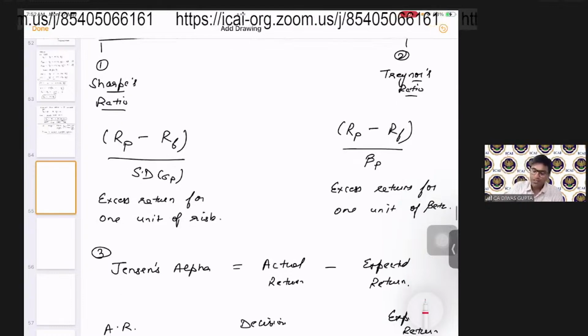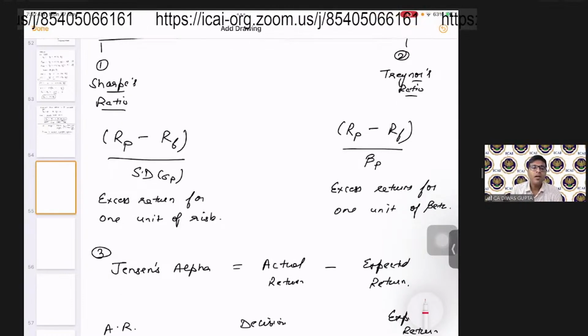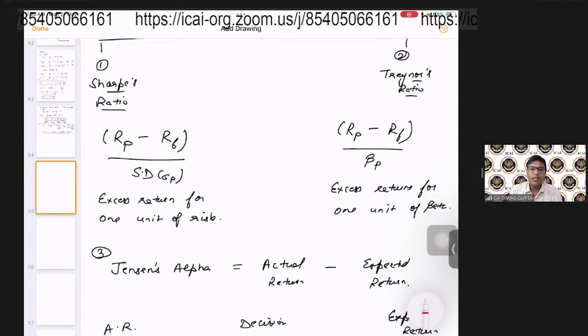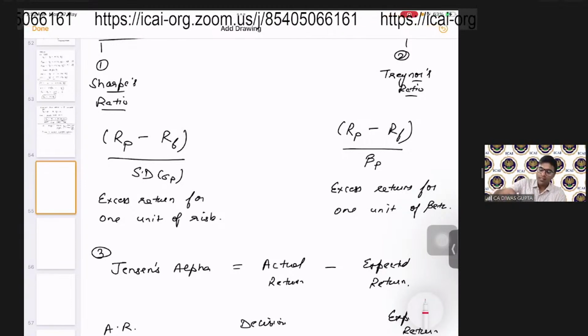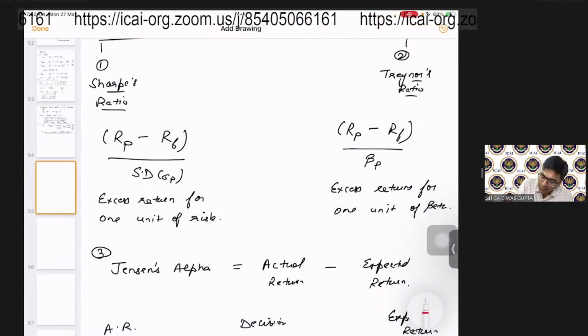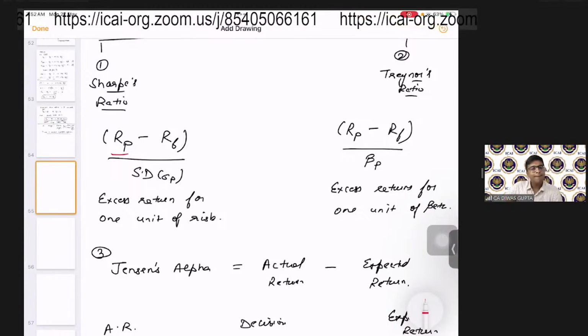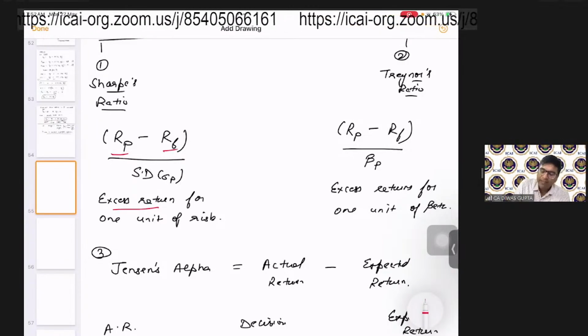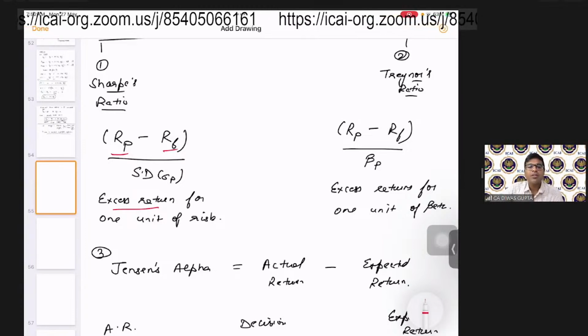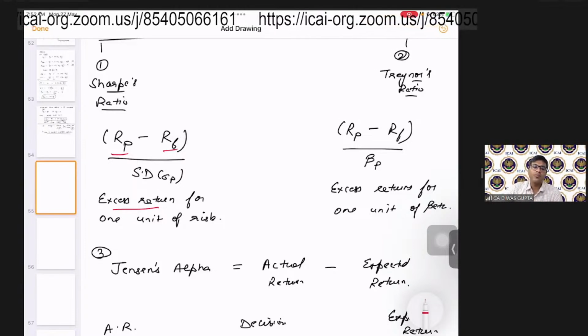The first part is the Sharpe's ratio. Sharpe's ratio is the excess return over the risk-free return. That is the return of the portfolio minus the risk-free rate. Correct? This we call the excess return of that portfolio. And we divide it by the standard deviation of the portfolio.